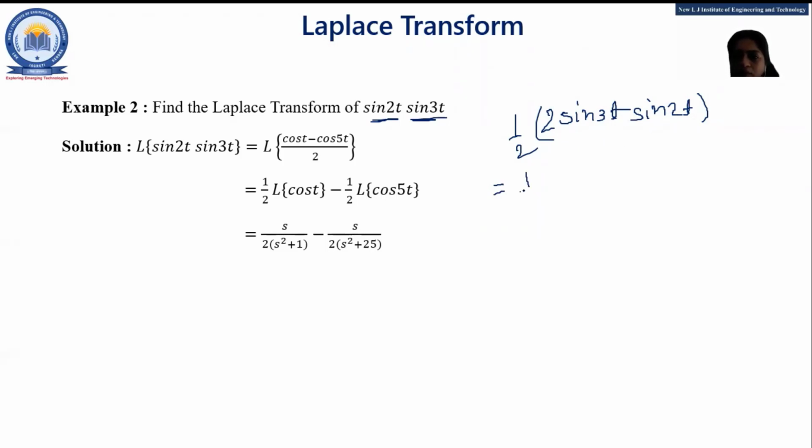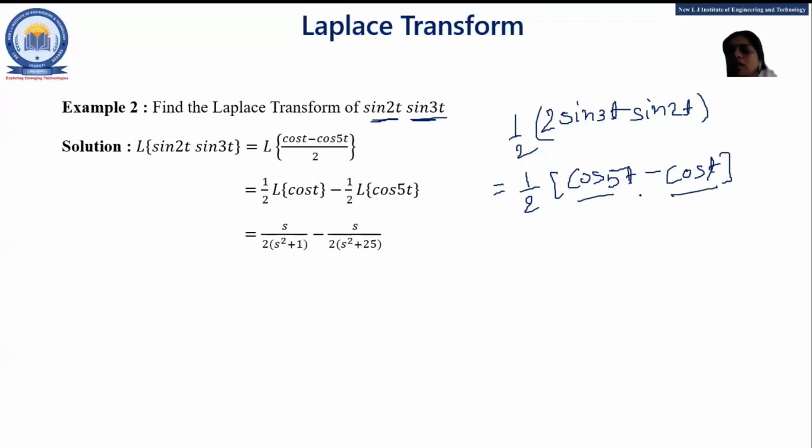So 1/2 [cos(3t minus 2t), that is just t, so that is cos t, minus cos(3t plus 2t), that is 5t].